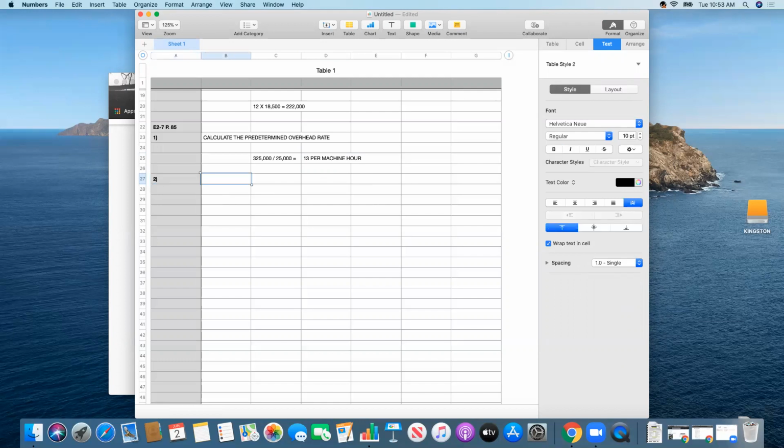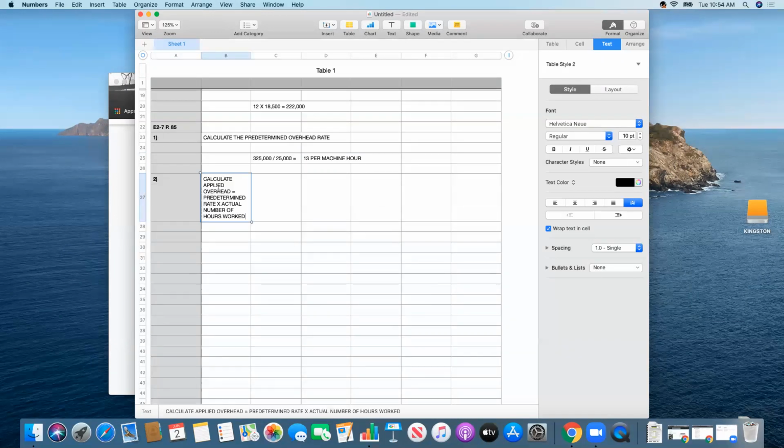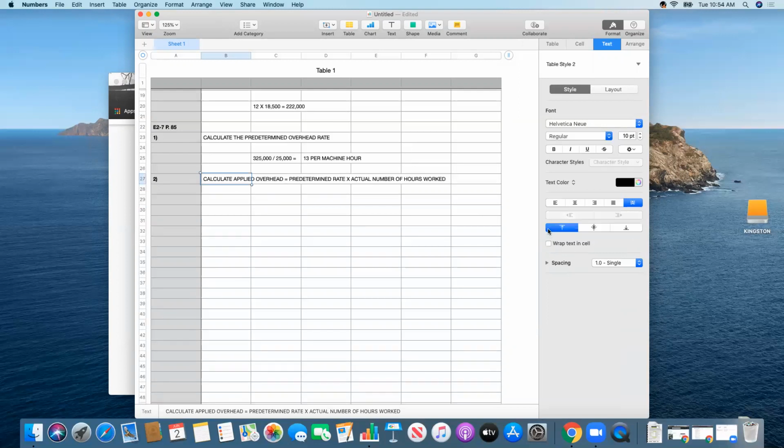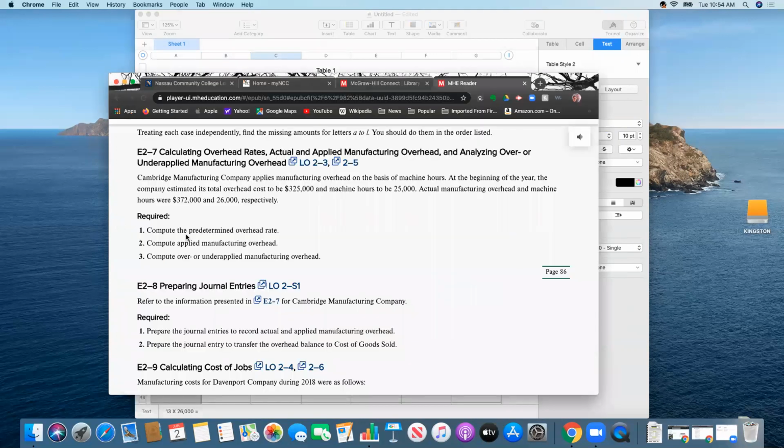Step 2 was to calculate the applied overhead. And to do that, we wanted to take the $13 we just calculated and multiply it by the actual number of hours, right? Which I believe was 26,000. If you go back to the problem, the actual hours was 26,000.